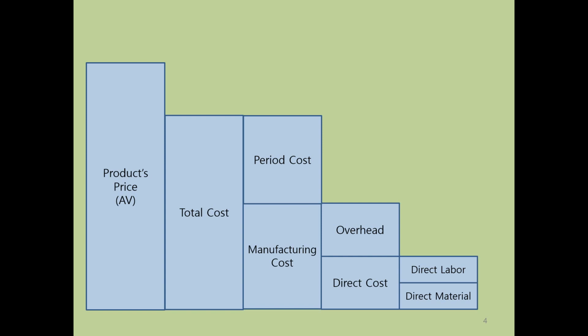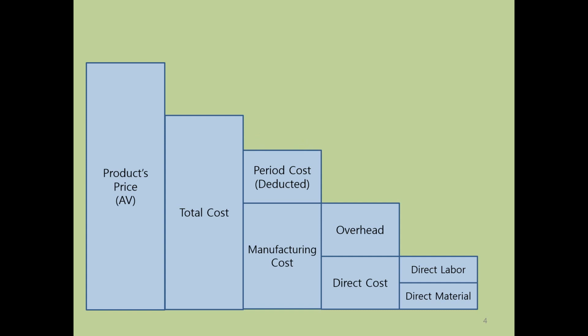As I mentioned before, all the deducting costs belong to period cost. So the deduction happens only in the area of period cost, and we deduct each cost: sales, promotion, marketing, royalties, and so on.